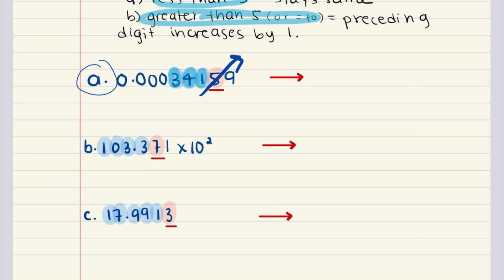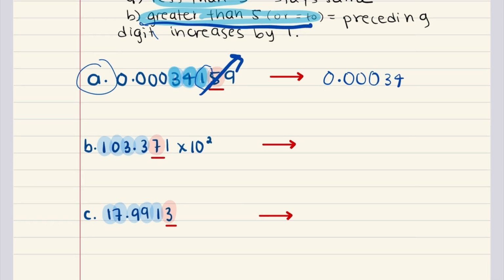Now, 5 is equal to 5, right? So we're following rule B, greater than or equal to 5, the preceding digit increases by 1. And so now if we're rounding this number to 3 significant digits, we write 0.000342. All right, that preceding digit increases by 1.